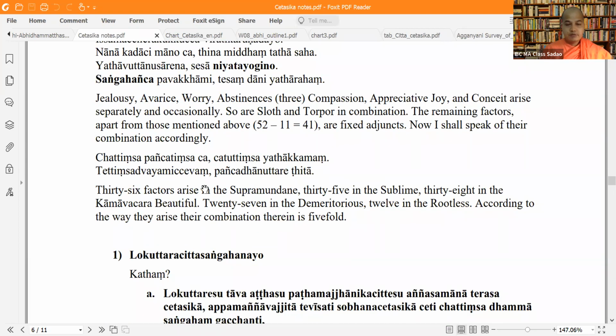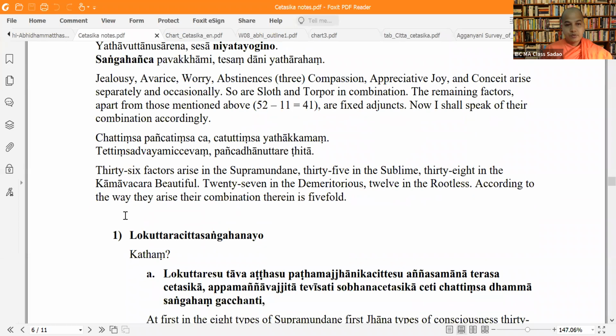So there are basically 5 different ways these combinations are presented. Chattimsa, Panchatimsa cha, Chatuttimsa, Yatakhamam, Tettimsa, Dvaya Micheva, Panchadanuttare, Thita. 36 factors arise in the supramundane, 35 in the sublime, 38 in the Kamavachara beautiful, 27 in the demeritorious, 12 in the rootless.